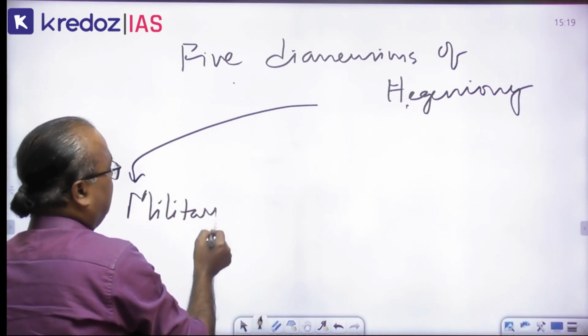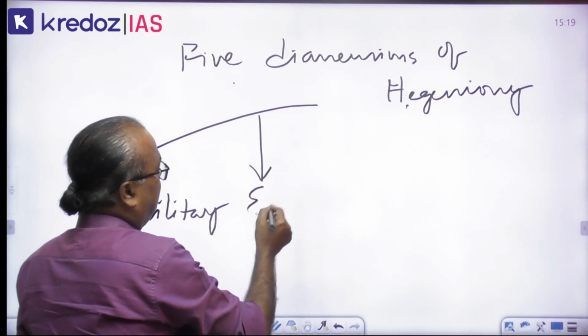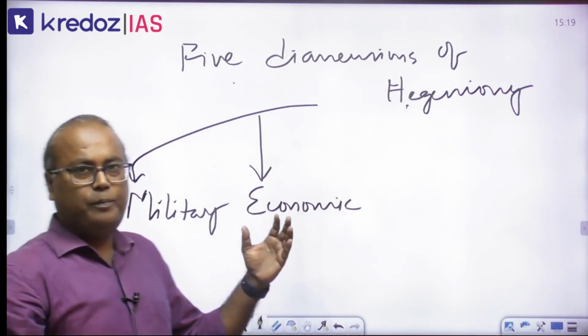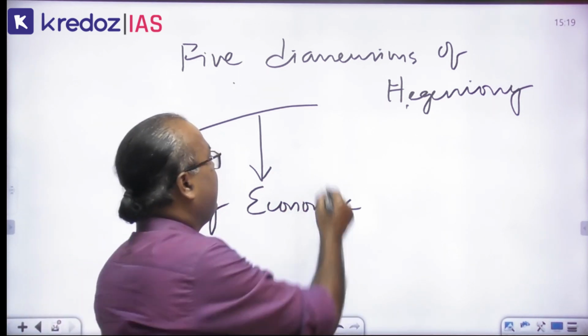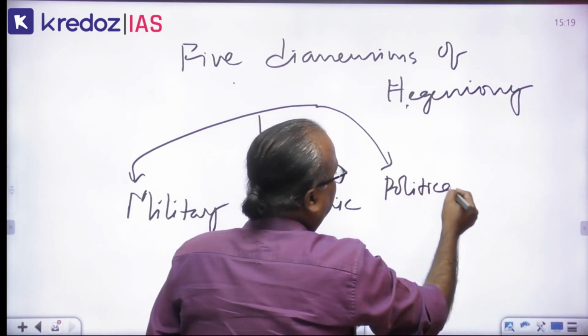Military dimension, then the economic dimension. After the economic dimension we have the political dimension.